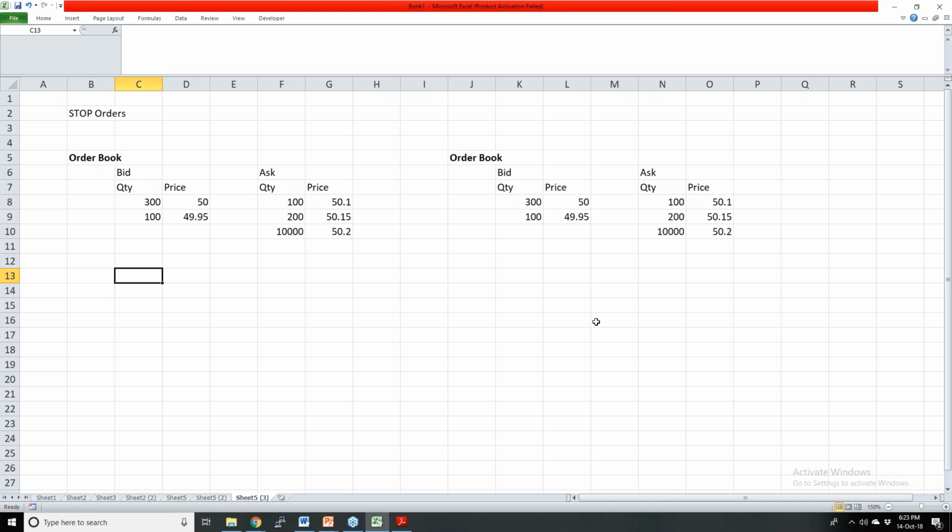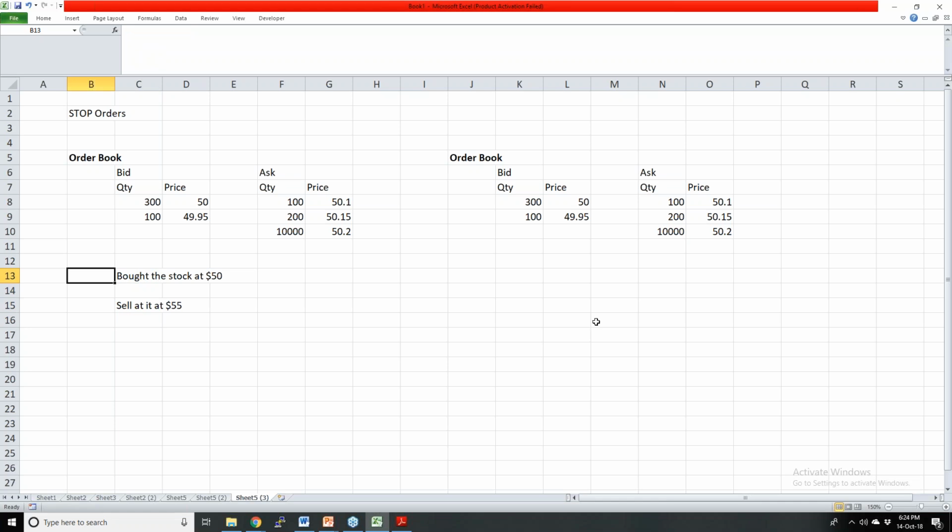Okay. So stop orders. Say we bought an asset at $50. We bought the stock at $50. I've already bought this, and now I want to sell it at $55.